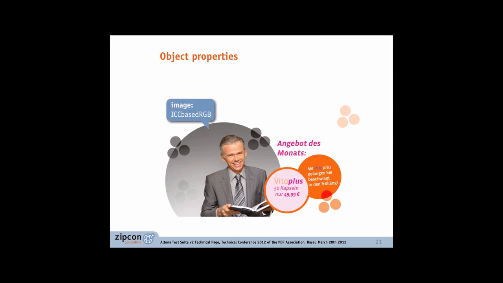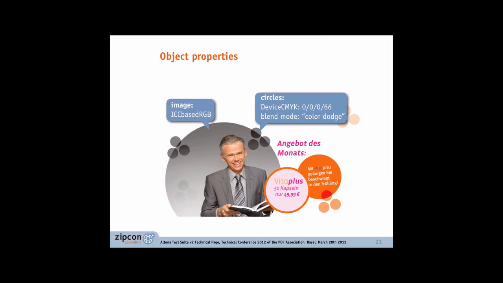And just some object properties with regard to color and transparency. We have an ICC-based RGB image in the background, which is not a bad idea once you do not know in which output that image will be used. So you leave it up for a later stage to do the best possible color conversion. For that reason, people may use, and do use in practice, an RGB image, while the circles here are created in CMYK.